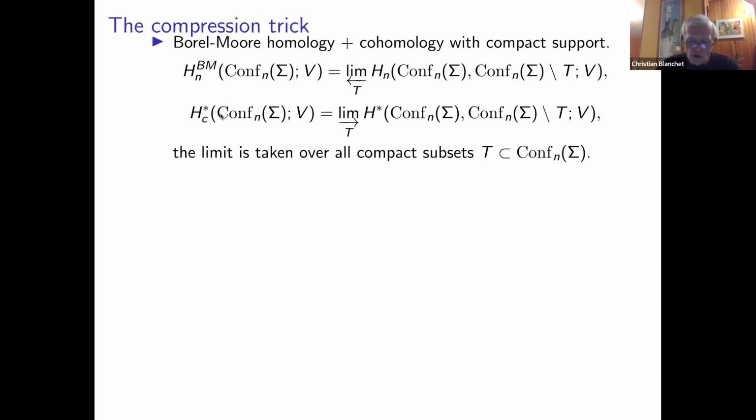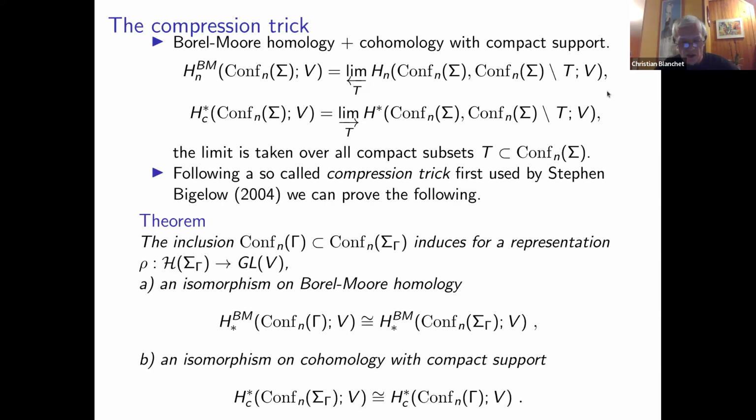And the cohomology with compact support is cohomology with a similar direct limit, but also relative to the complement of a compact space. So we are interested in those variants. I will tell you why this compression trick works in this case.